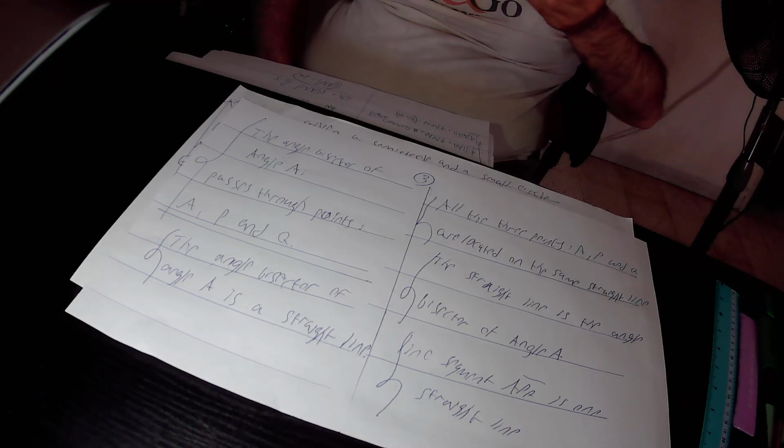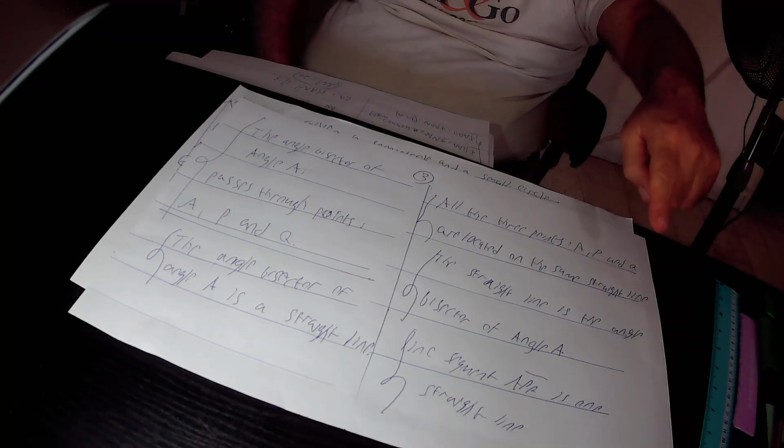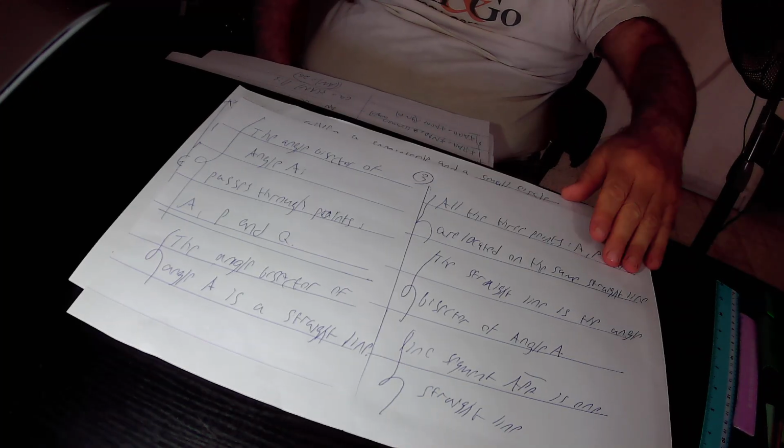And in which straight line are all the 3 points A, P and Q located?